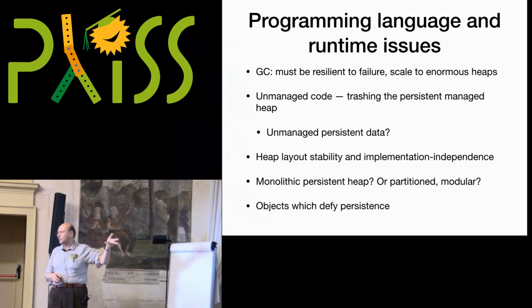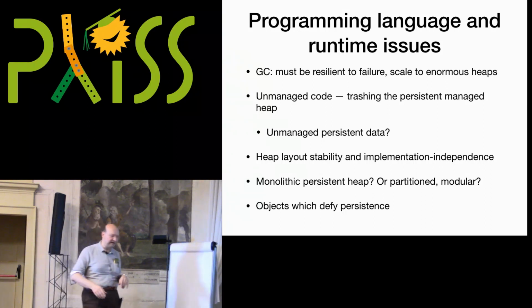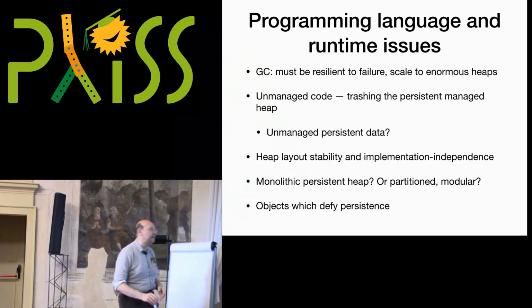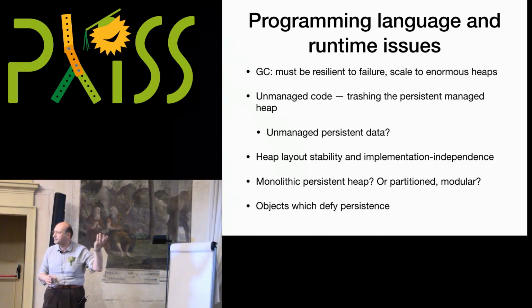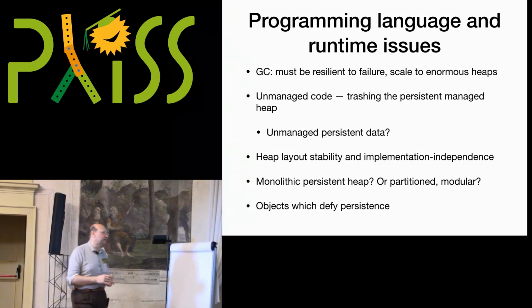This is a social problem, right? We need to get vendors to agree on stuff, to document stuff, there are standards organizations that probably need to get involved, etc. But there's a bunch of stuff that has to be done to make this actually happen, because otherwise, you'll end up in the state that some number of years pass, the vendor changes the VM or goes out of business, and suddenly your persistent data are useless because you can't get a new VM to do stuff.